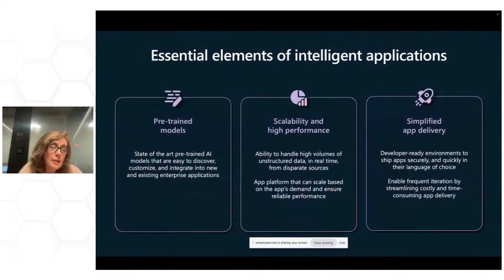And on this slide, you can see some elements, let's say essential elements that make the application more intelligent. We can start with predefined, pre-trained models. We talked about natural language interaction in the previous slide.